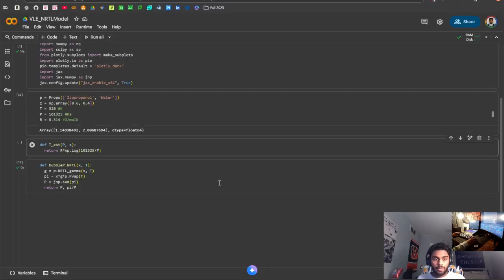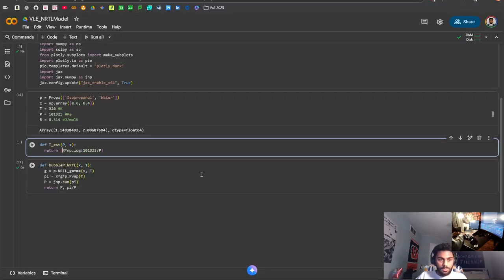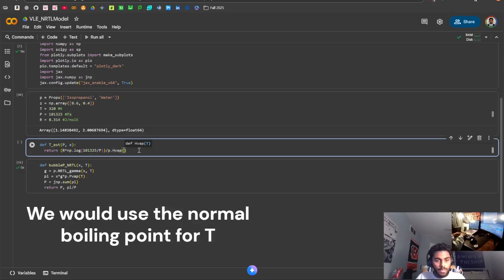All of that is going to be over our heat of vaporization. So all of this over P dot HVAP, right, at our given temperature.